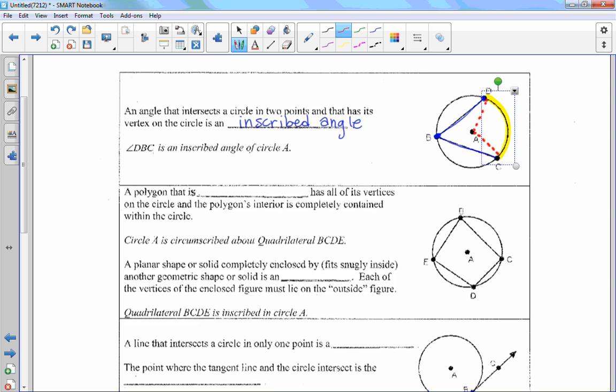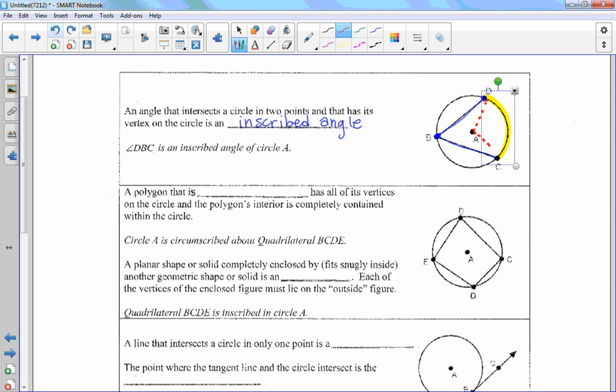Are those the same? This central angle, is that the same measurement as angle B? No. Is angle B bigger or smaller? Angle B is actually smaller than angle A. It actually ends up being a half. The red one, angle A, is congruent to the yellow arc. They're the same measurement.